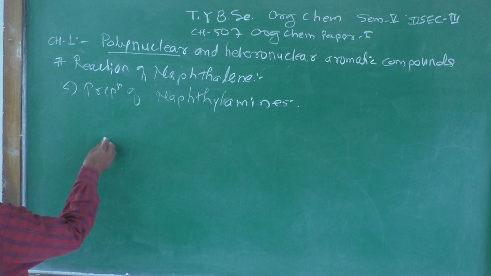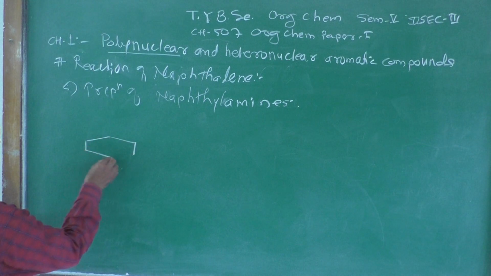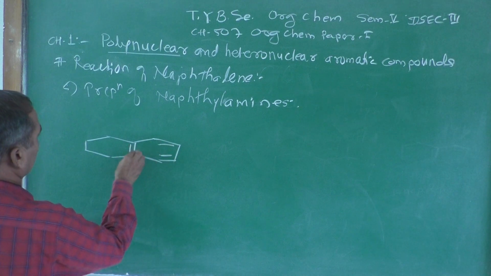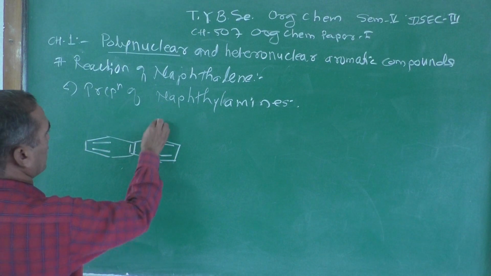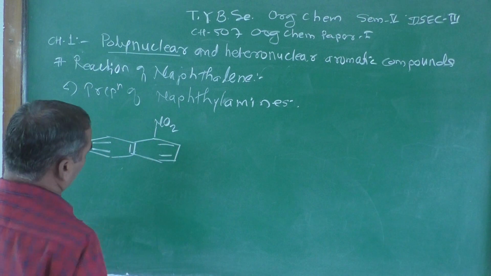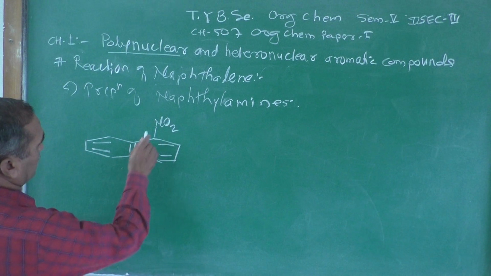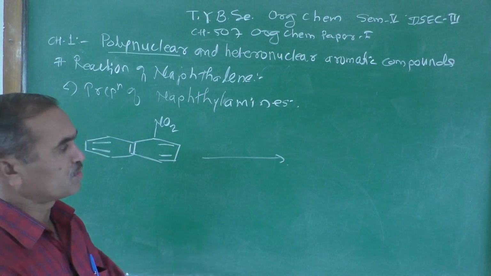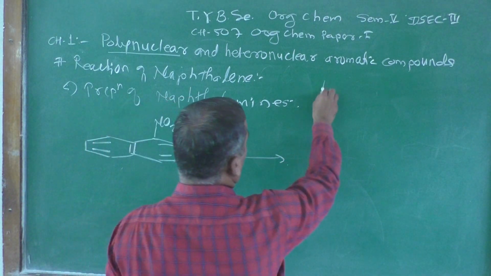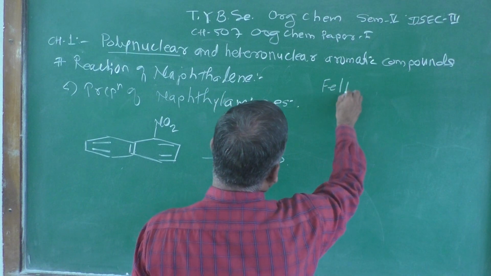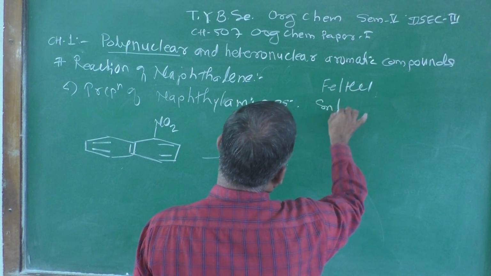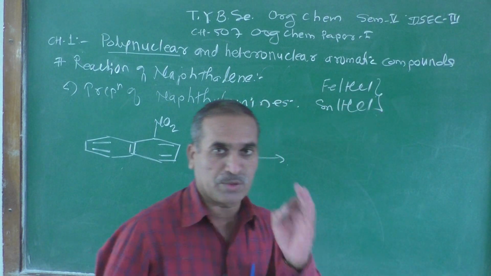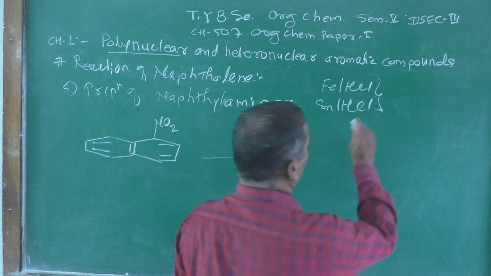First method, we can take the starting material, generally this one. Suppose we have this compound with NO2. As we know, when NO2 is treated with the two selective reducing reagents, Fe in presence of HCl or Sn in presence of HCl, these are two very good reducing reagents.